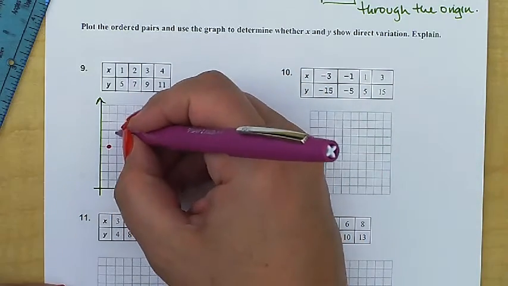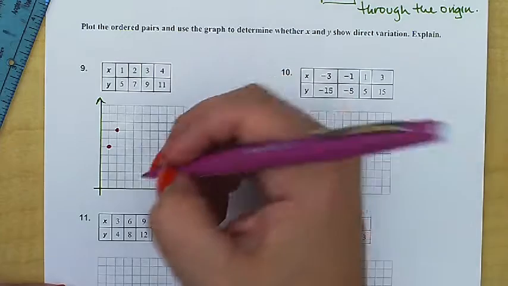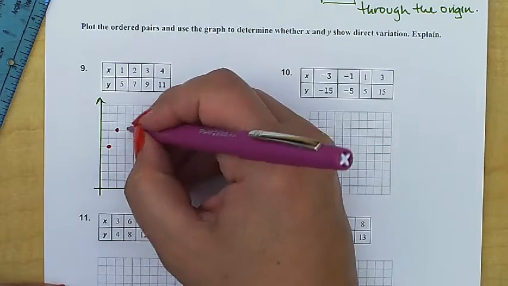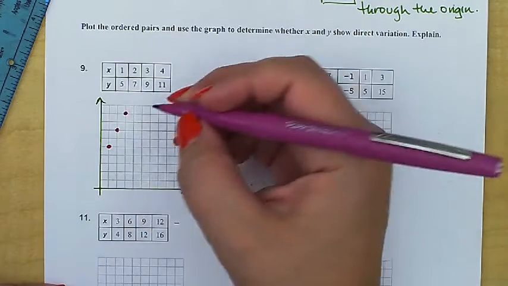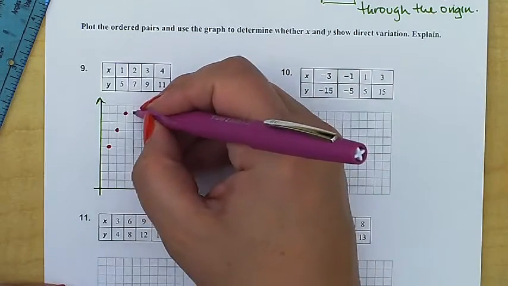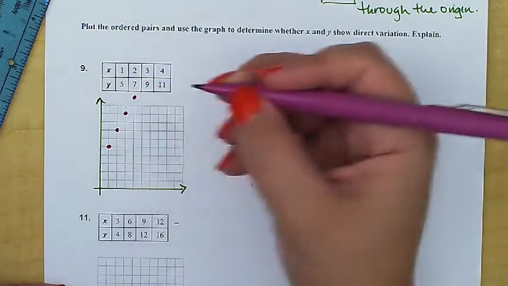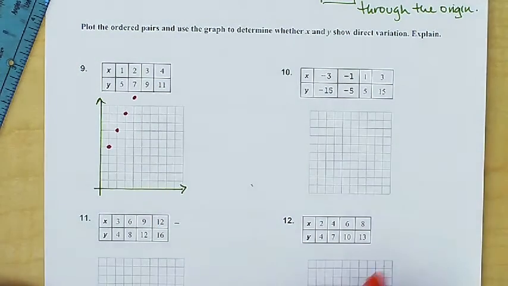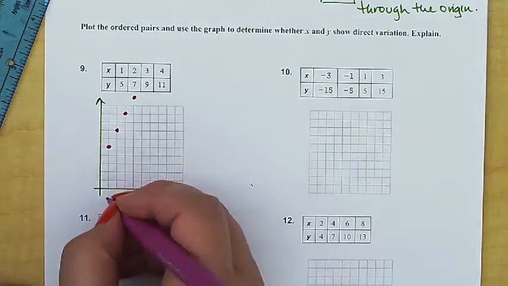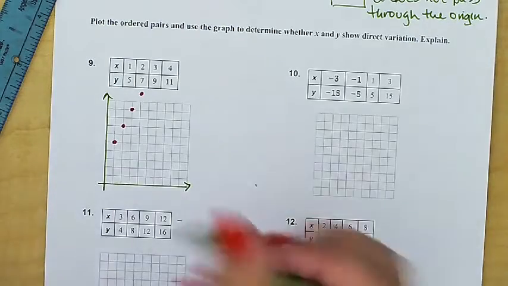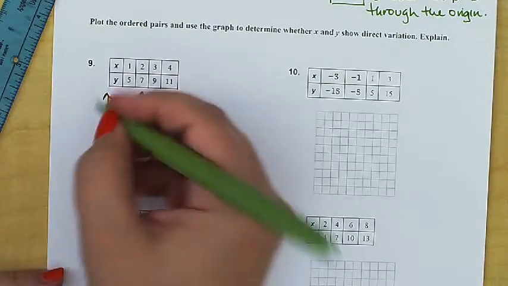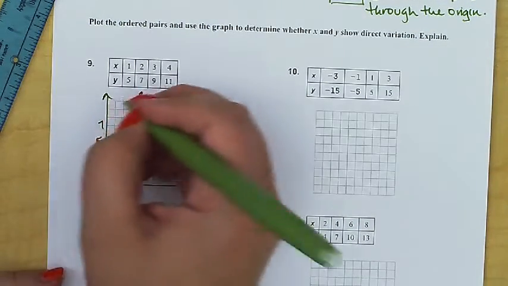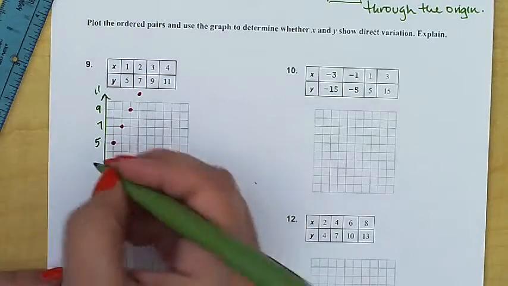So it goes over 2 and up 2 more to 7. And then 3 and up to 9. That's over here. And then 4 would go up to 11, which is a little bit off the page, but that is okay. So those are the 4 points that they gave us there if we're going by ones on our graphs. This right here is 5, 7, and then 9, and then 11 up there.